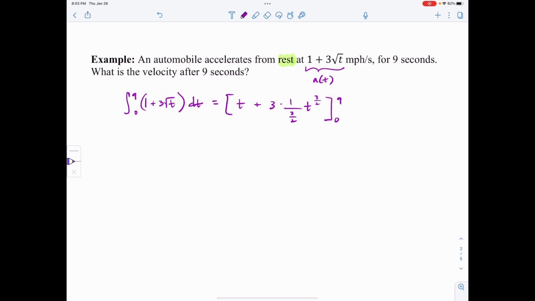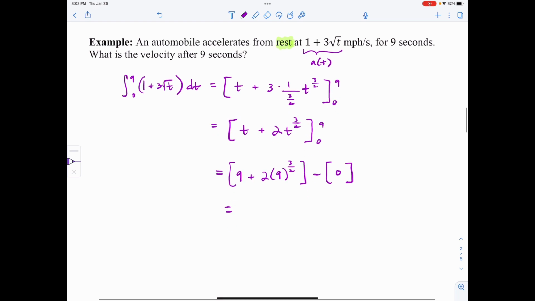0 to 9. Okay, and then clean that up before I apply fundamental theorem of calculus. So that'll be t plus 2t to the 3/2. Then applying fundamental theorem of calculus, that'll be 9 plus 2 times 9 to the 3/2, and then minus 0.